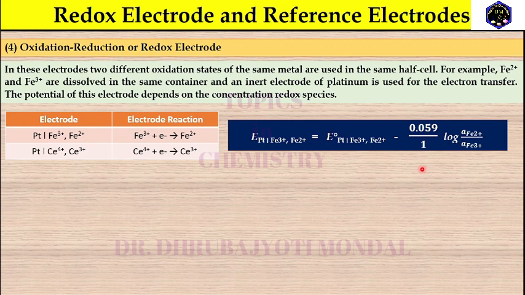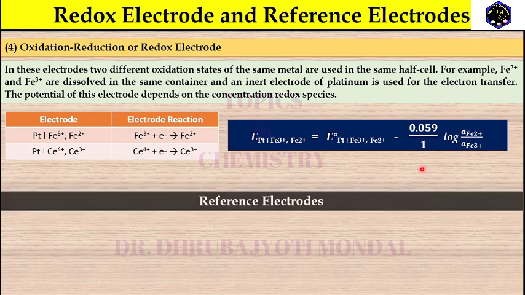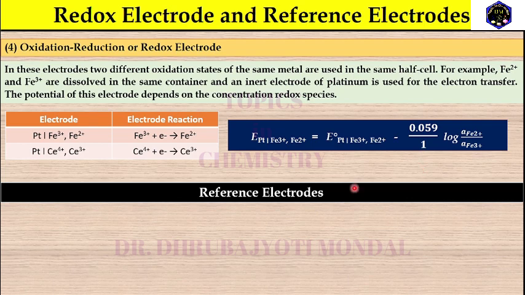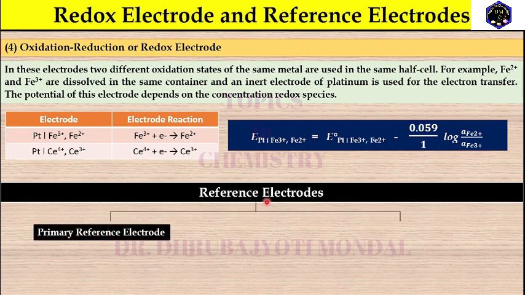Next, you have to know what is the reference electrode. First you have to know why a reference electrode is important, why it is needed. From that reference electrode, you can measure the electrode potential of any unknown electrode. That's why it is important. Remember, there are mainly two types of reference electrode: one is primary reference electrode, another one is secondary reference electrode.